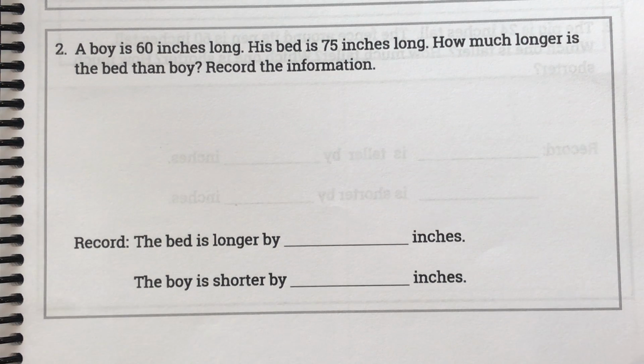Okay, let's read our first problem. Ready? The boy is 60 inches long. His bed is 75 inches long. How much longer is the bed than the boy? Okay, so this one doesn't use the word difference, but because it's asking how much longer, I know we're going to be using subtraction.